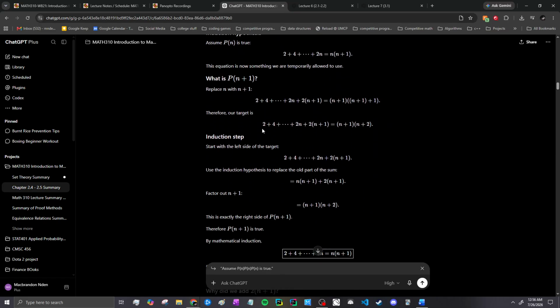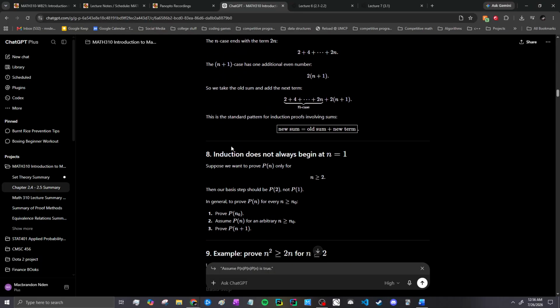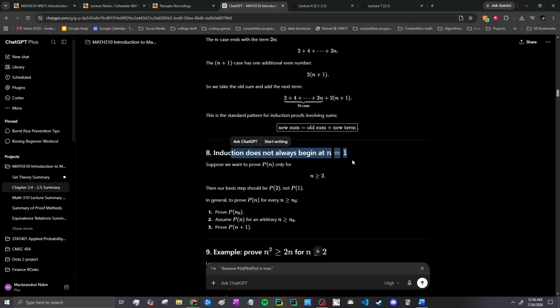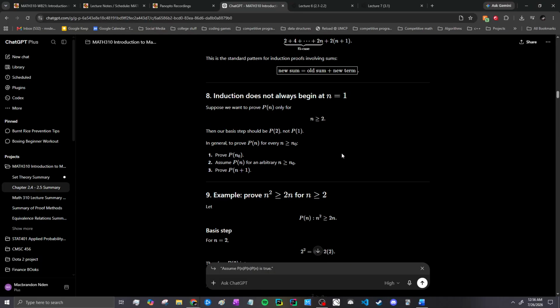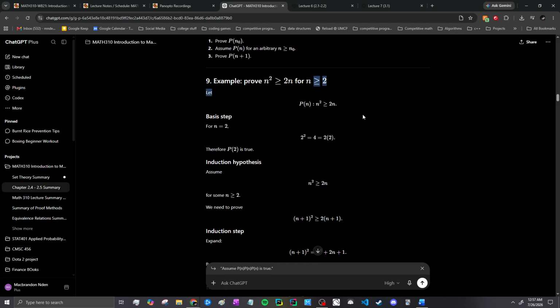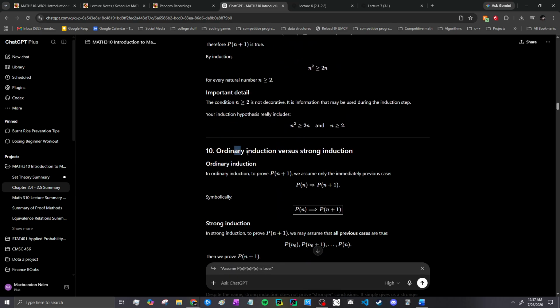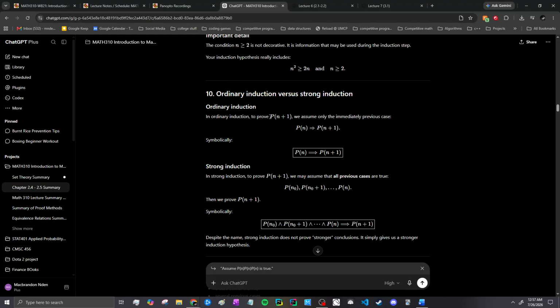Another example. I'm assuming the next one is going to be strong induction. Okay, no, it's going to talk about a different case. So let's see, ordinary induction versus strong induction. This is the one I actually have struggles with.